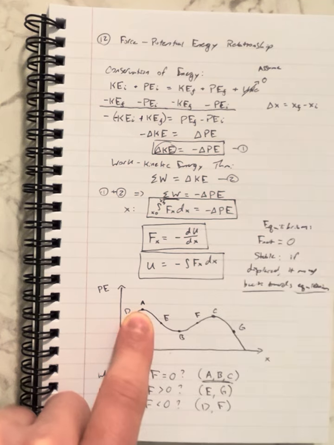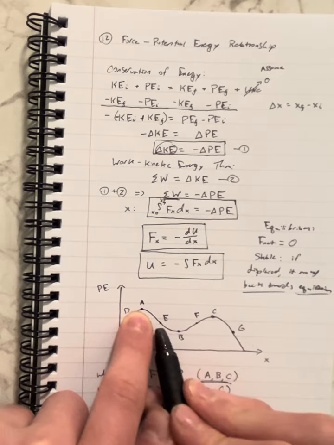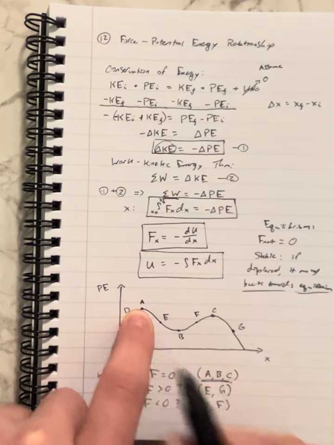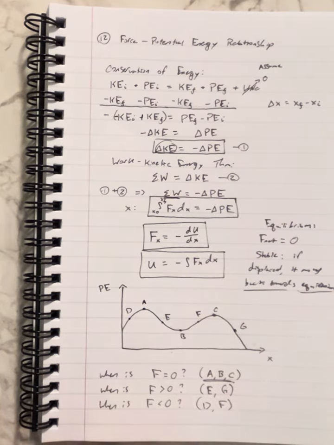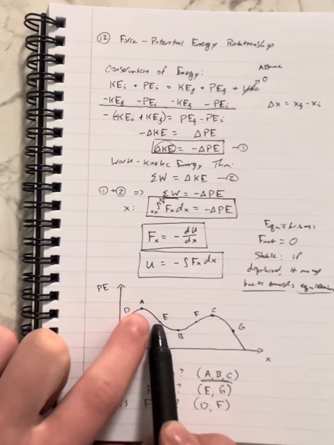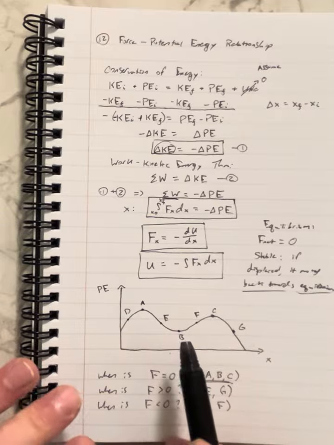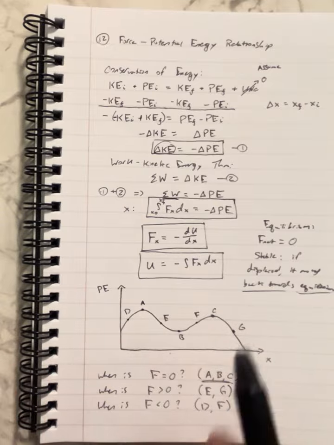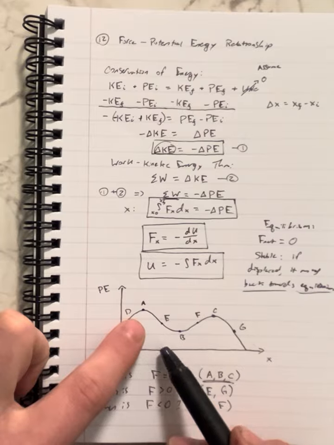If the slope is downwards, that means the force is in the positive x direction. Well, if the force is in the positive x direction, I'm going to move to the right. So once I start moving to the right, my force pulls me farther to the right. So this is not a stable equilibrium, because in order for it to be stable, it would have to pull me back to the left after I start moving to the right.